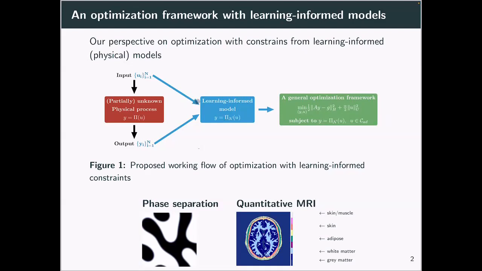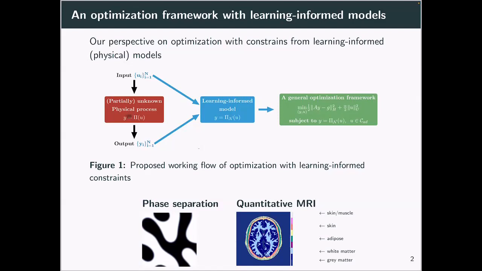This type of learning-informed operator is intended to approximate some underlying physics model, which we call y equals Π(u). However, this Π(u) might not be known to us, or only partially known.